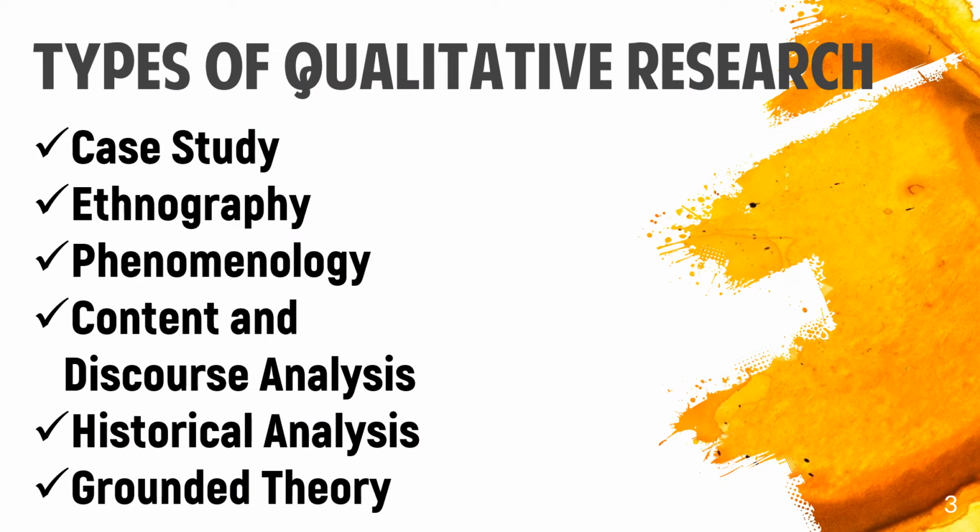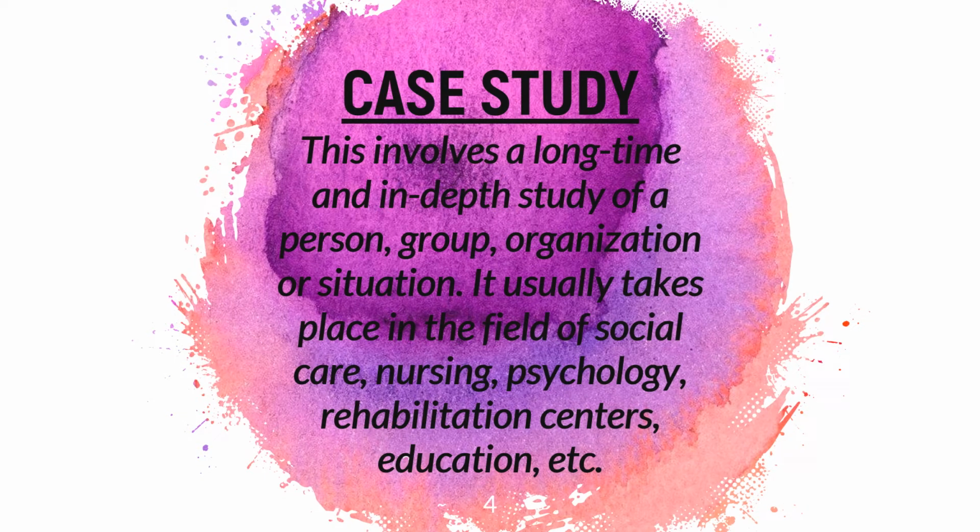We have various types of qualitative research such as case study, ethnography, phenomenology, content and discourse analysis, historical analysis, and grounded theory. Let us start with case study. When we say case study, it involves a long time and in-depth study of a person, group, organization, or situation.